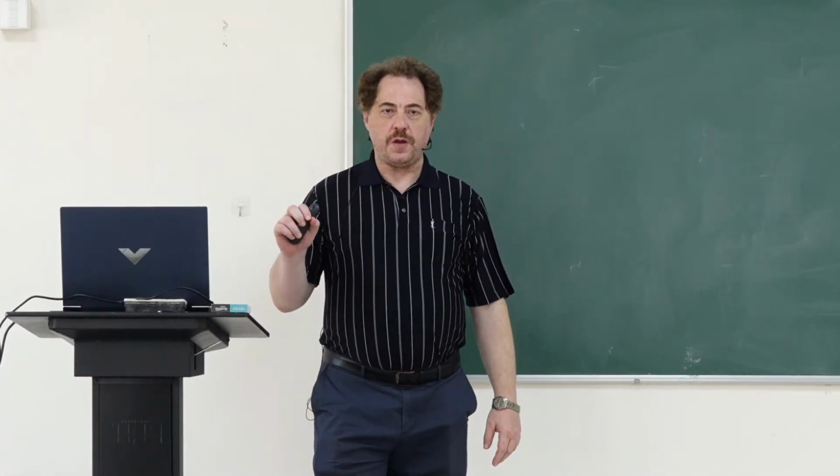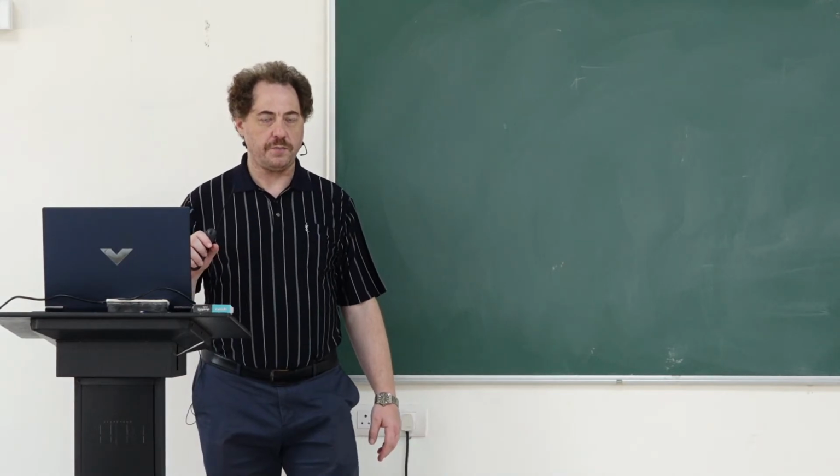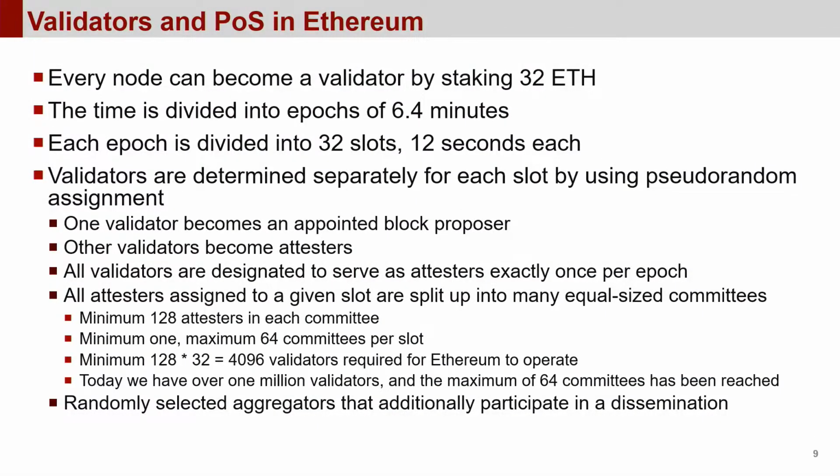Let's talk about proof of stake and validation of blocks in Ethereum. So every node in Ethereum can become a validator by staking a certain amount of Ether. Now, the assignment of validators and block proposers is done on a per epoch basis.